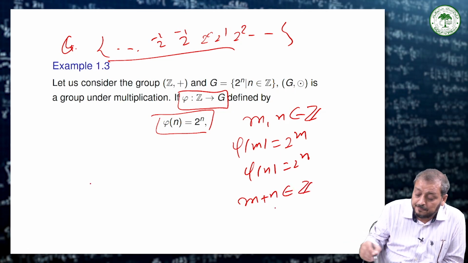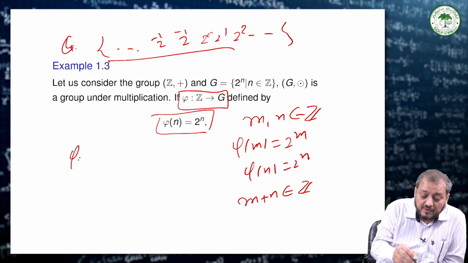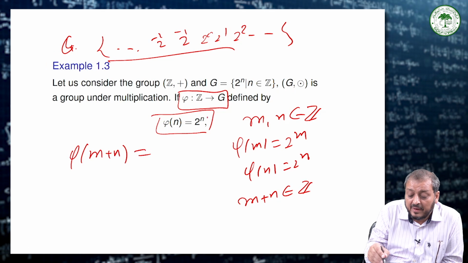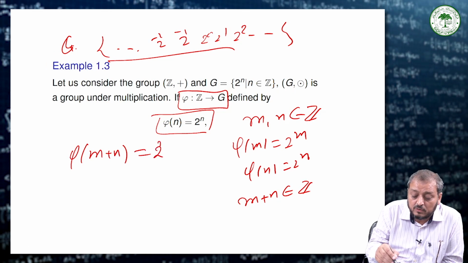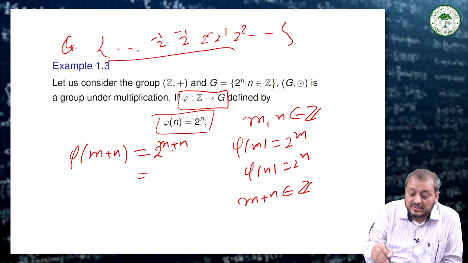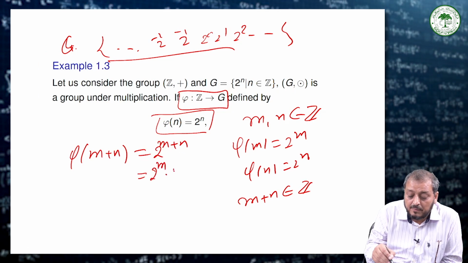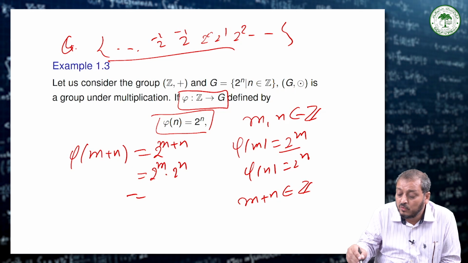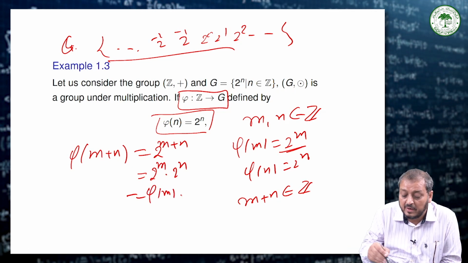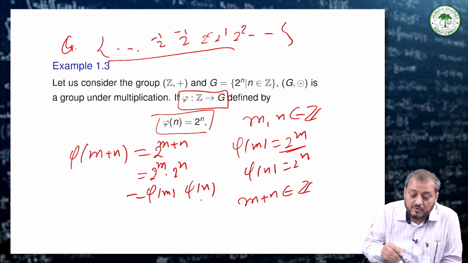So if we take phi of m plus n, by this property it can be written as 2 to the power m plus n, which is 2 to the power m times 2 to the power n. Now 2 to the power m is phi of m, and 2 to the power n is phi of n.